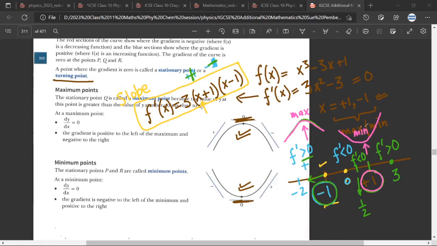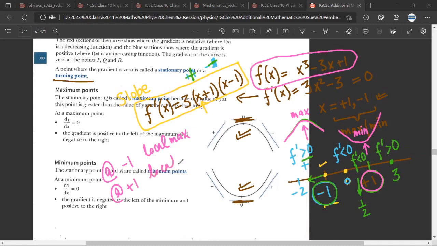So what I have analyzed is that for this function, point minus 1 would be the point of local maxima, and point plus 1 would be the point of local minima. Is it making sense?